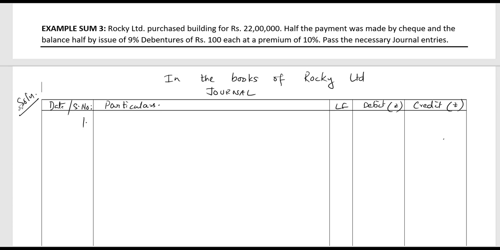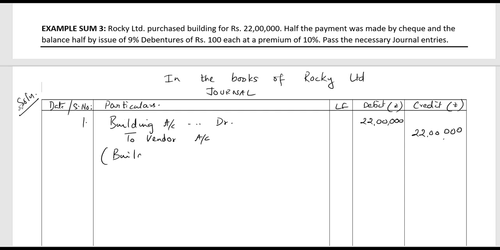We'll write the first journal entry for purchase of the building from the vendor. Building account debit. The value of the building is 22 lakhs to vendor account. The amount payable to the vendor is also 22 lakh. For building purchased from vendor.